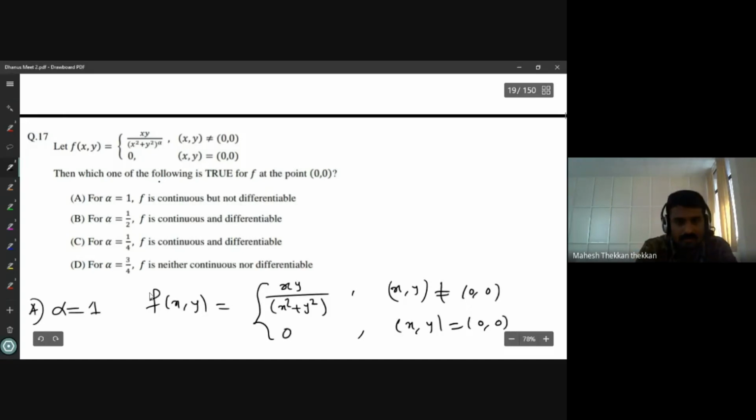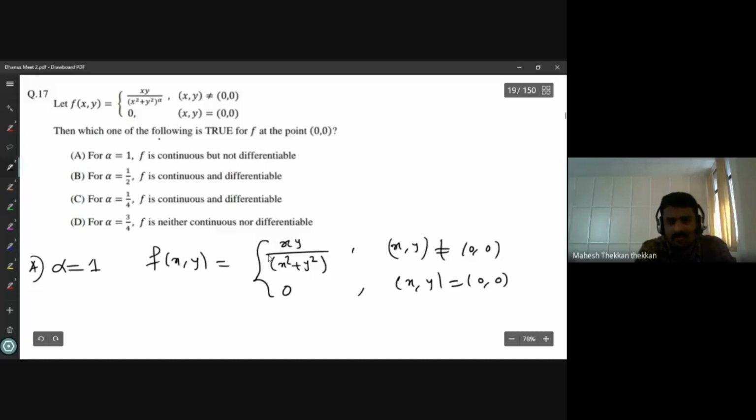Now tell me whether this function is continuous or not. I have discussed this function many times. Last class also I discussed it. Today also I will just tell some properties of these functions. So now tell me whether this function is continuous or not.